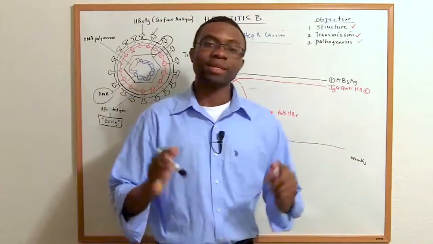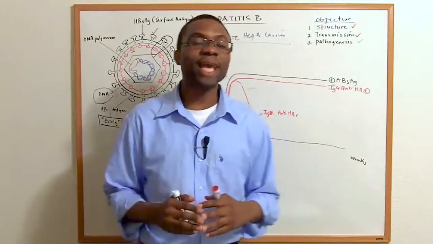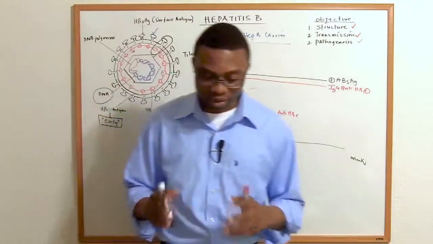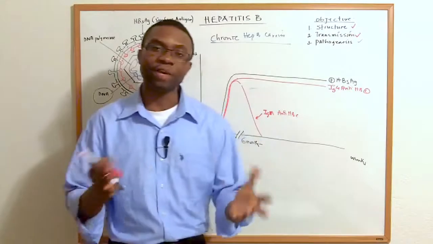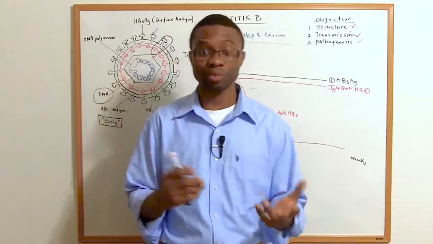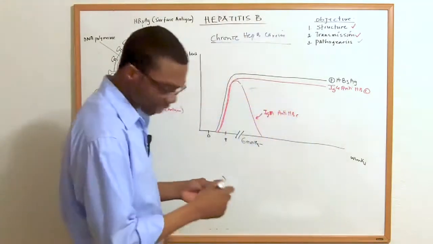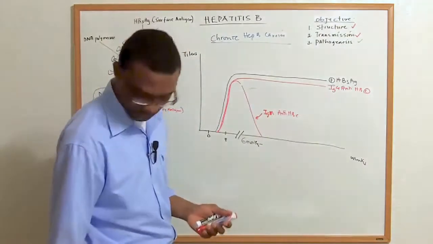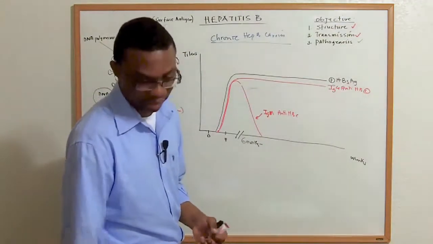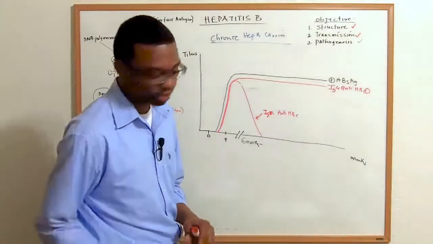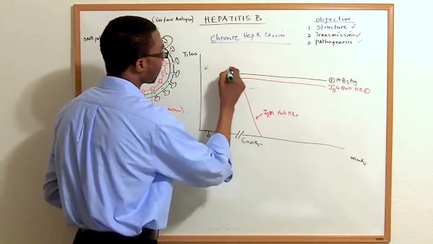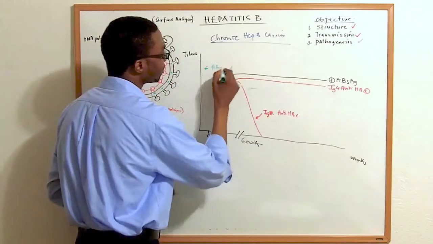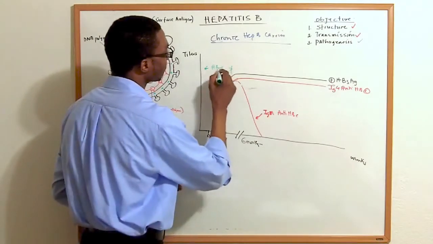Now, what about the early antigen? Well, for early antigen, usually in these patients, it could be variable. It could be high or it could be low. So let's just put it at the top of the graph so we don't forget. Let's use a nice green for the early antigen. So when they get the course of the infection, they develop hepatitis B surface antigen.